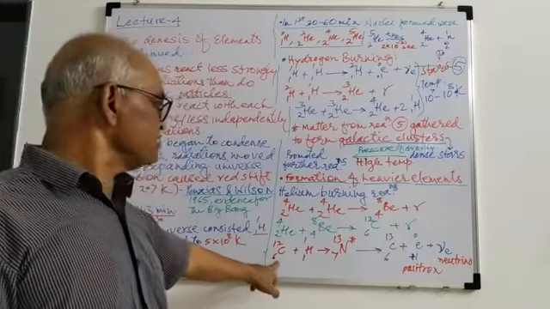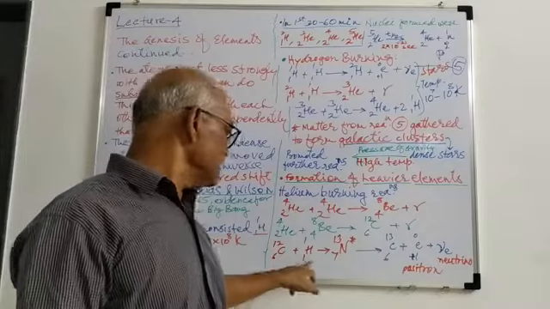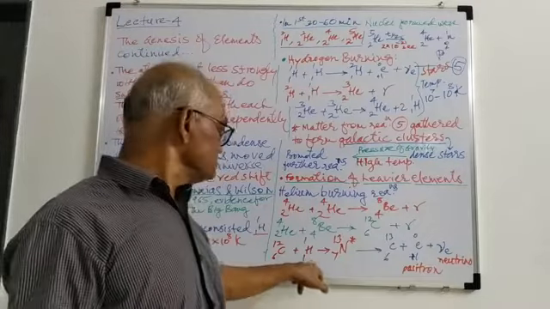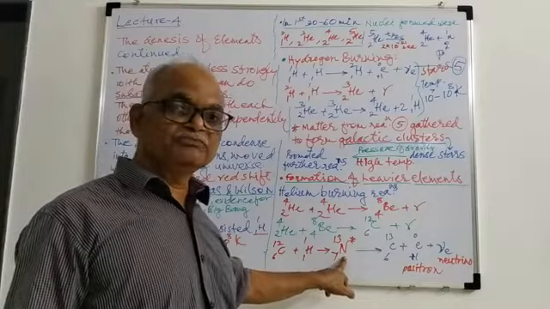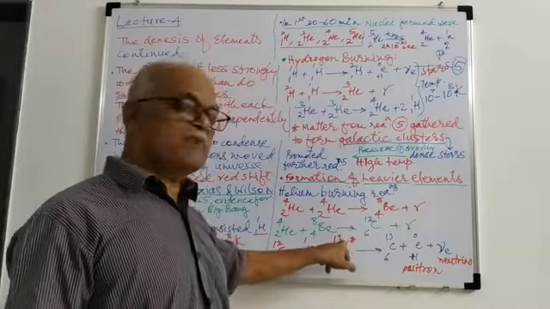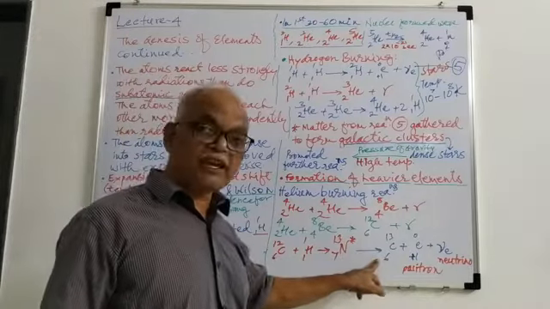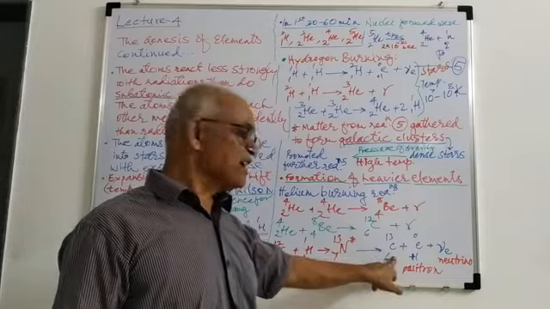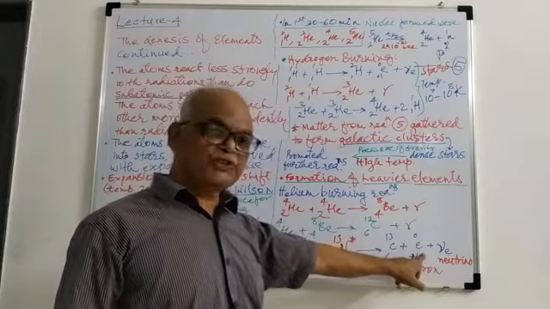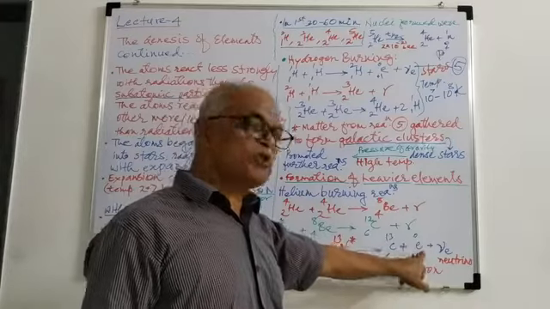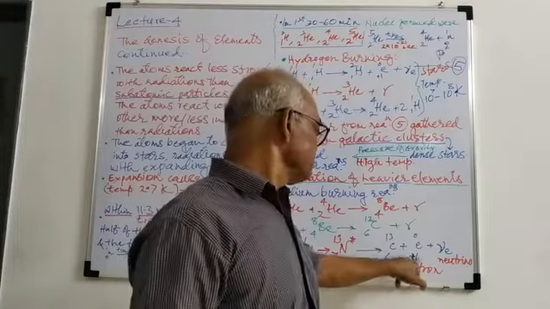The next reaction is like this: carbon with mass 12 fuses with a proton and gives nitrogen of mass 13. So this nitrogen of mass 13 is unstable and undergoes decay to form carbon 6 with mass 13 and a positron. This is the positron. It is shown here with plus 1 charge.